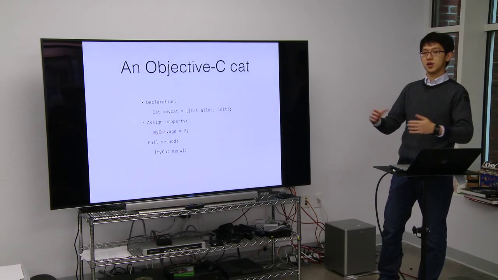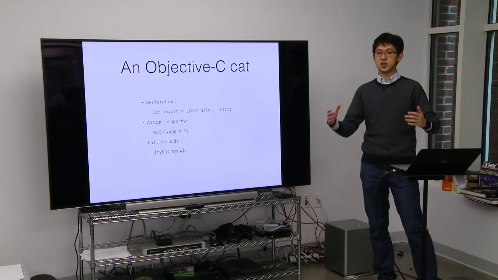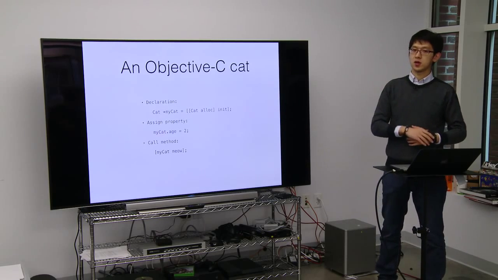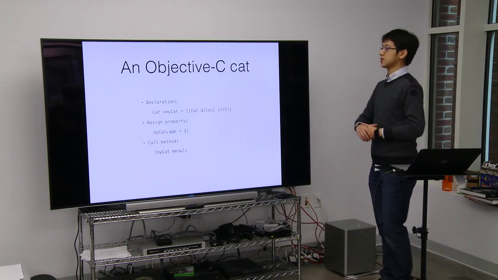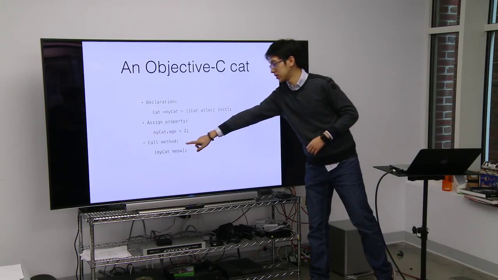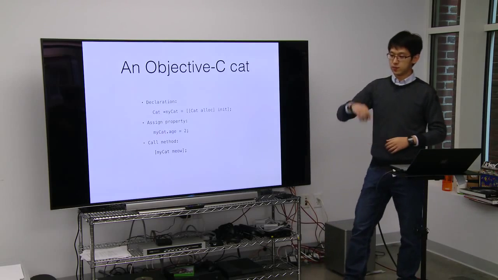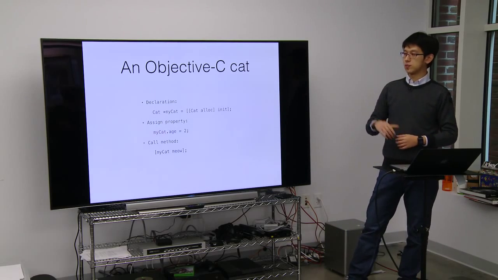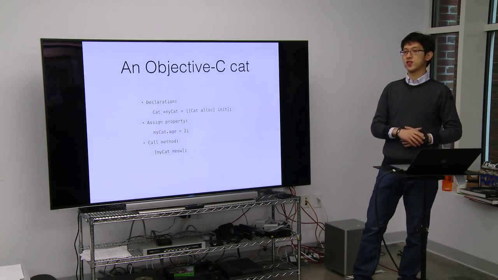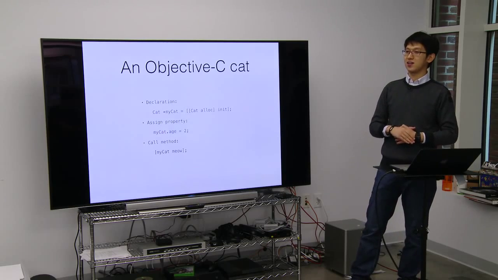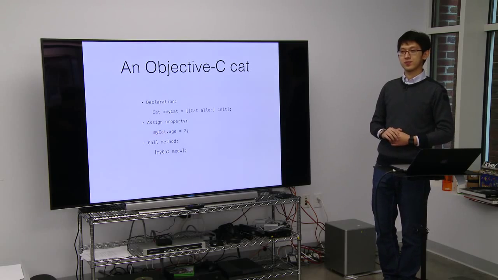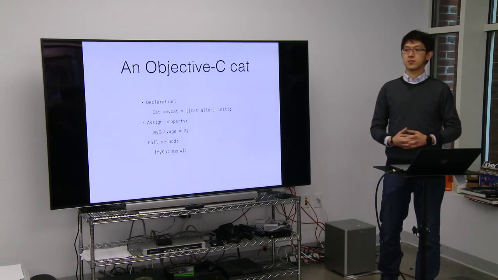Calling a method is basically what I have been talking about for calling any method in Objective-C. You're passing an object, in this case my cat, and you're passing the method name, as if you're telling the object, my cat, that it should meow. It's pretty interesting.